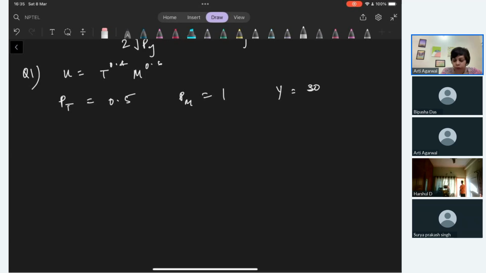So first, before we compute anything, let us find the expressions for the demand for t and m. Initially, I used the Lagrangian, right? But if you want, I can solve this question without the Lagrangian.